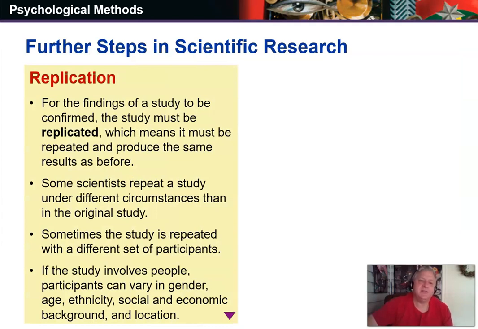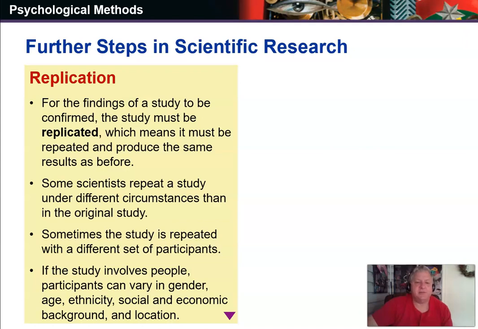Replication. For the findings of a study to be confirmed, the study must be replicated, which means it must be repeated and produce the same results as before. Some scientists repeat a study under different circumstances than the original study. Sometimes the study is repeated with a different set of participants.